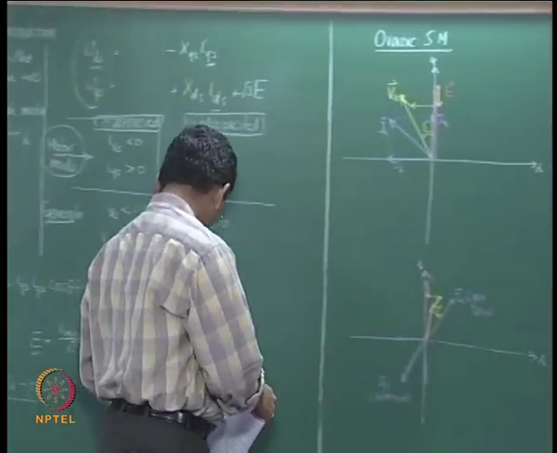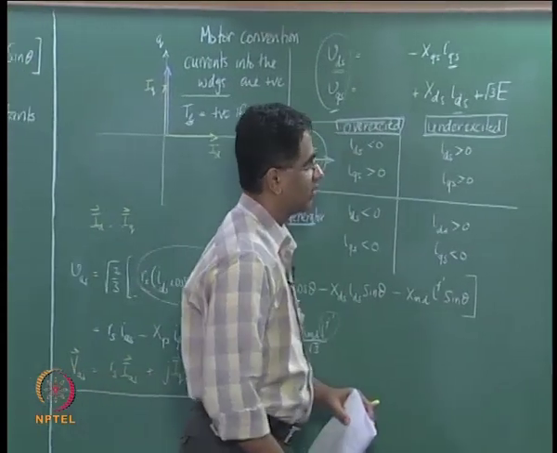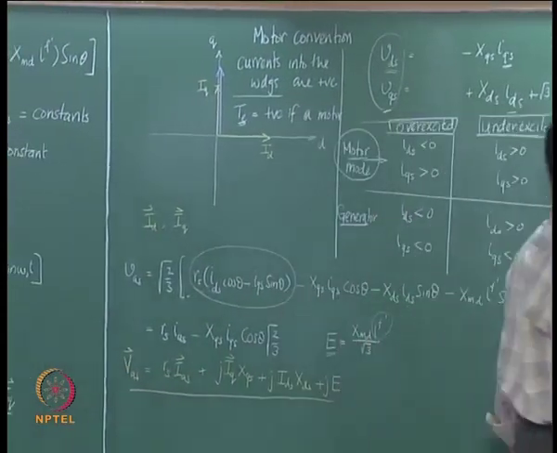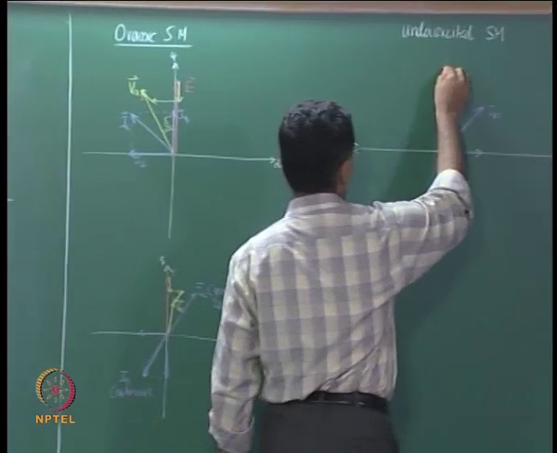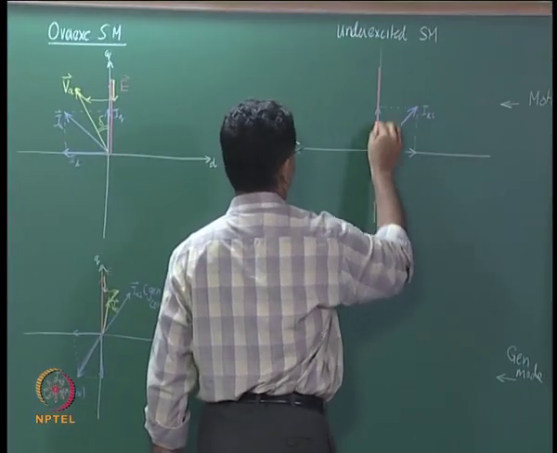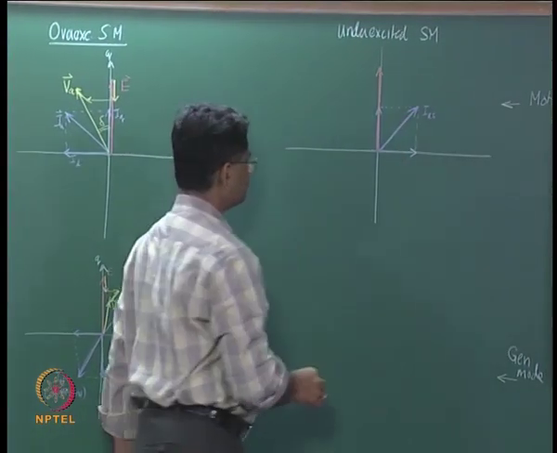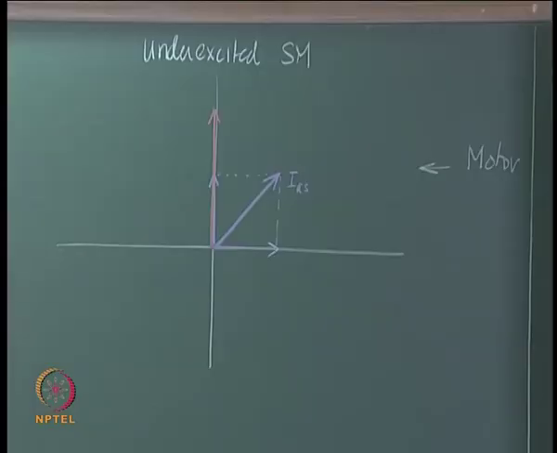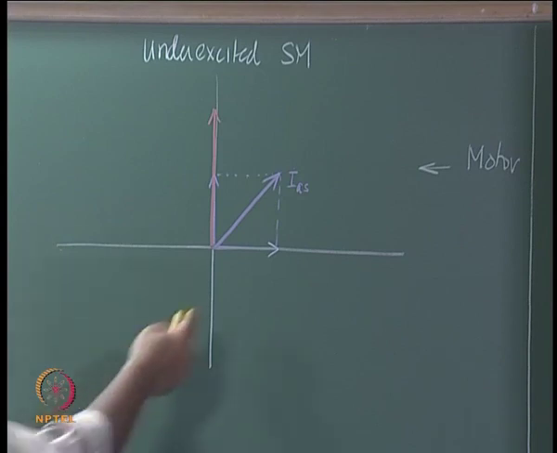And as before, the induced EMF is always along the Q axis, and therefore you draw the induced EMF phasor here, and after that your J times IDS.